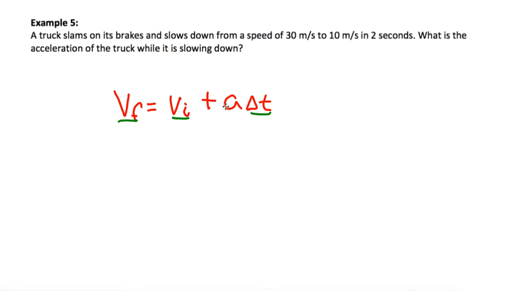A, or acceleration, is the only thing we don't know in this equation. So what you need to do is plug in the values that you have for each variable and solve to find out what this acceleration is going to be. Since everything is in meters and seconds, make sure your final answer has a label of meters per second squared.